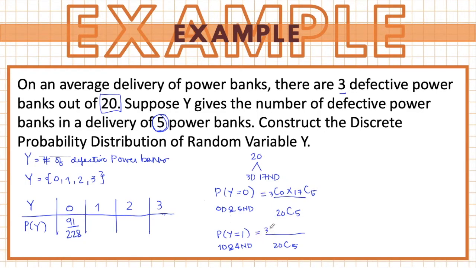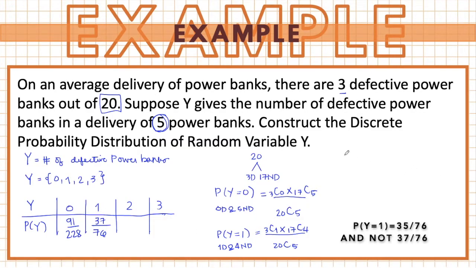So, that's 3 choose 1, times, kukuha tayo ng 4 sa 17 na non-defective. So, that is 17 choose 4. Okay, and then let's use our calculator to compute. This is 35 over 76. So, this will be the probability that y is equal to 1.